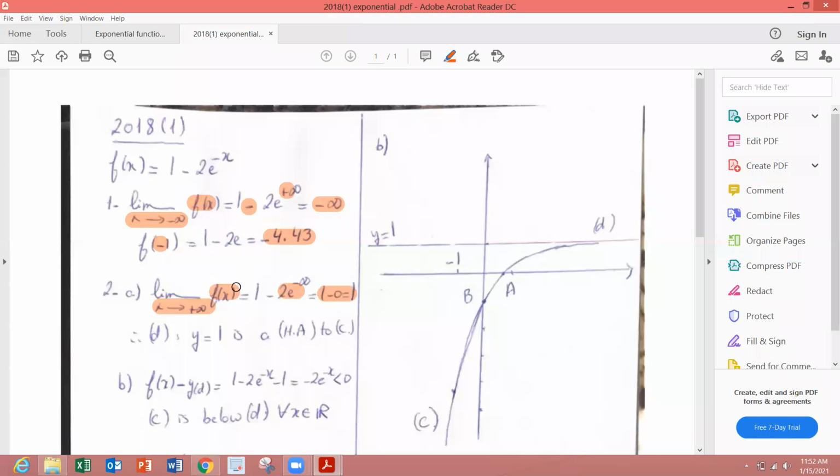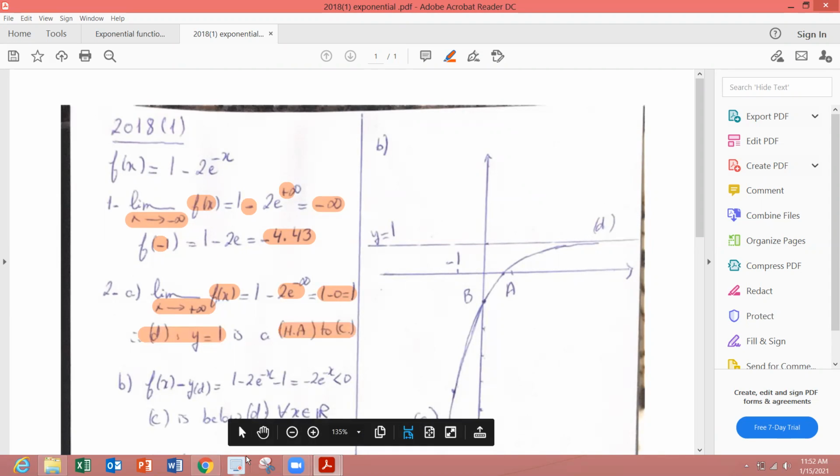So here, because x tends to infinity, y tends to 1. Therefore, the line D of equation y equals 1 is a horizontal asymptote to C.